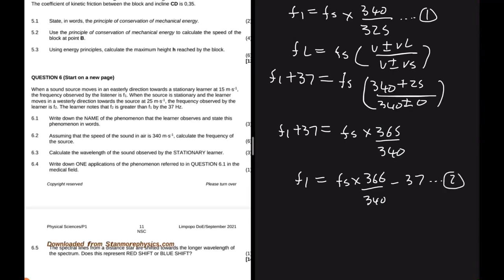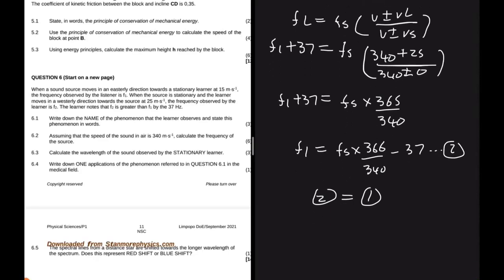So I want you to realize something. If we say equation 2 equals equation 1, then we can solve for Fs, which is what we want. Equation 2 equals equation 1 because they're both giving us F1.